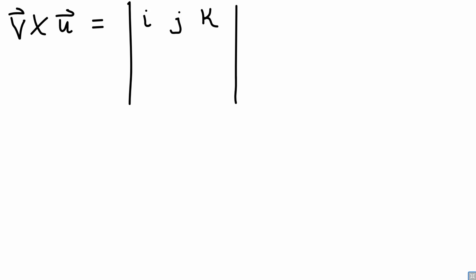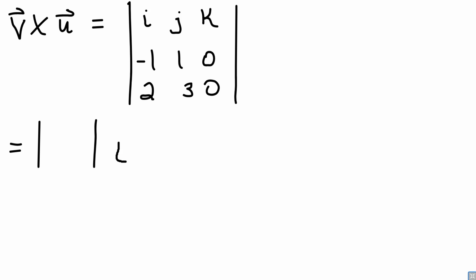For vector v, the coefficients we're going to use are -1, 1, and 0. For vector u, we're going to use the coefficients 2, 3, and 0. Okay, so if we do our cofactor expansion off of this, we're going to have a determinant times the vector in the direction of I. So what numbers go inside of this determinant?